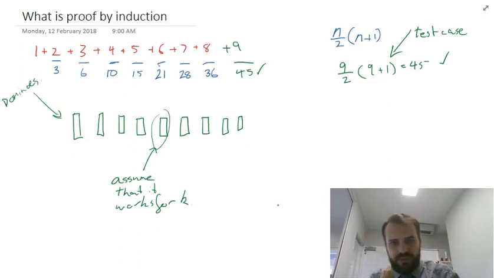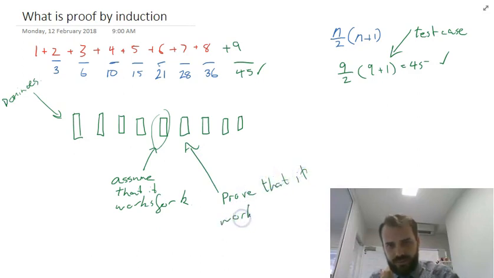Step 2 is prove that it works for k plus 1. Now, if you assume it works for k, and then you prove that it would work for something 1 more than k, that means that if we assumed that was k, then it works for this.